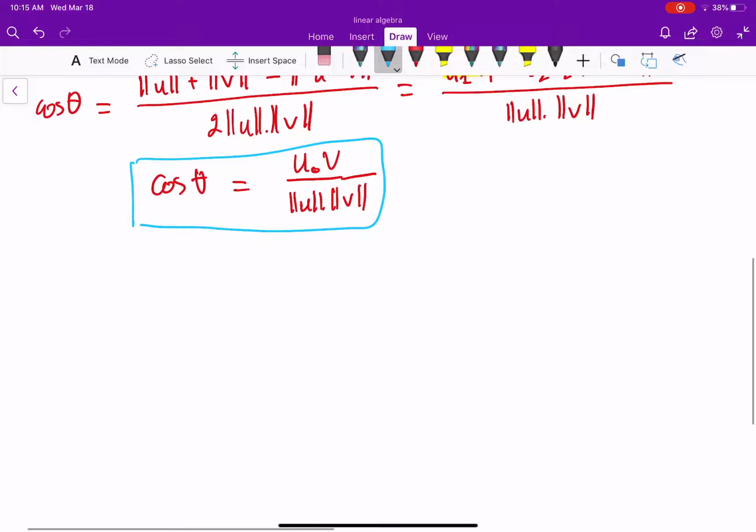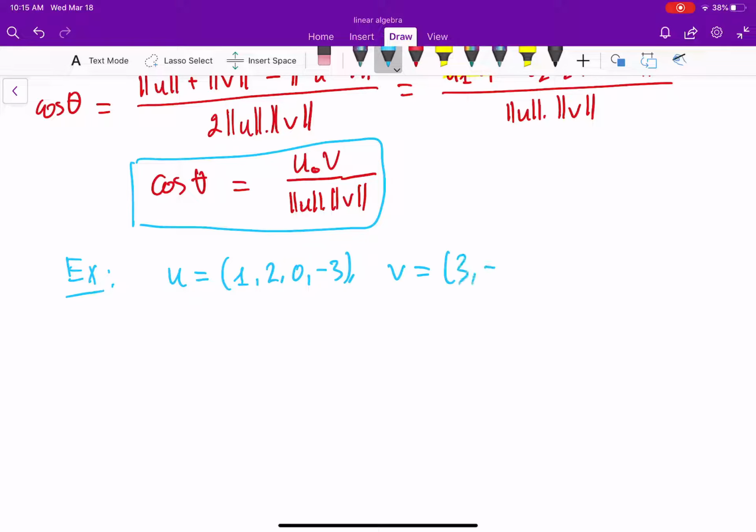Okay, so let's consider the following example. Like we have u equal to 1, 2, 0, and -3, and v we have 3, -2, 4, and 2. So we can determine dot product of u and v. You have 1 times 3 plus 2 times -2 plus 0 times 4 plus -3 times 2.